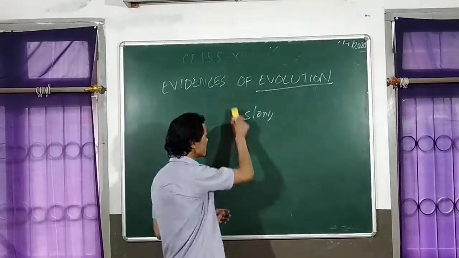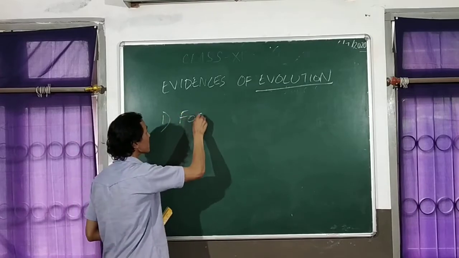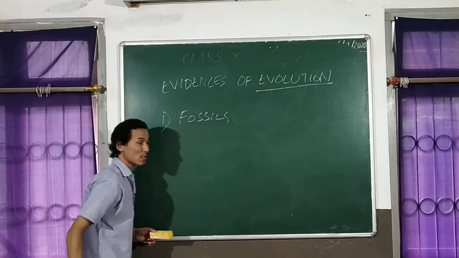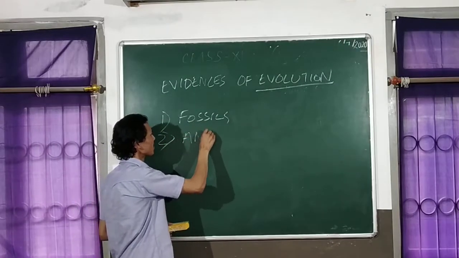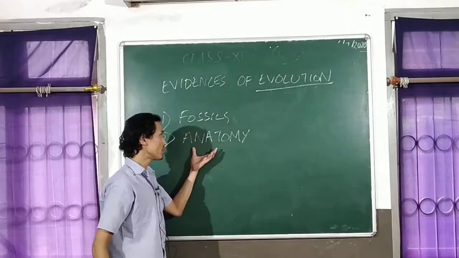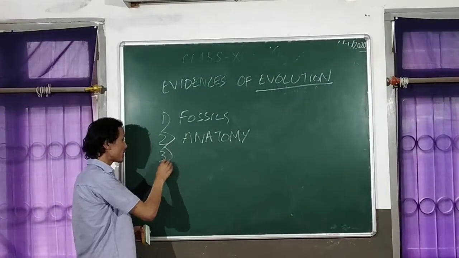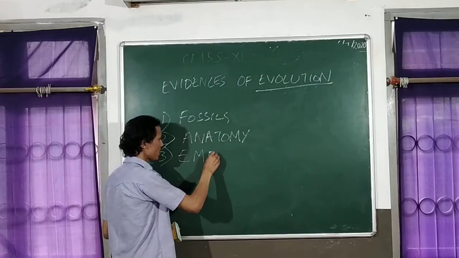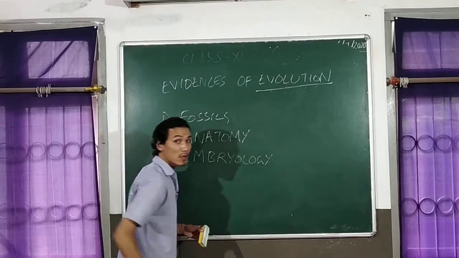When we talk about evidences of evolution, the first one that comes to mind is evidences from fossils. The second one is evidences from anatomy. When we talk about anatomy, it basically deals with the organs and structures. The third evidence is from embryology.